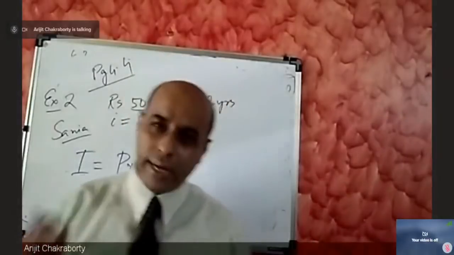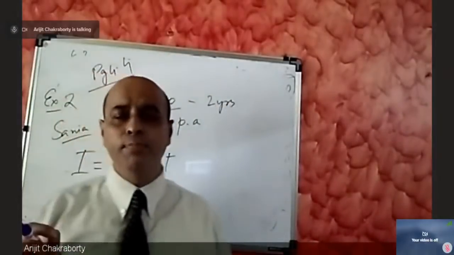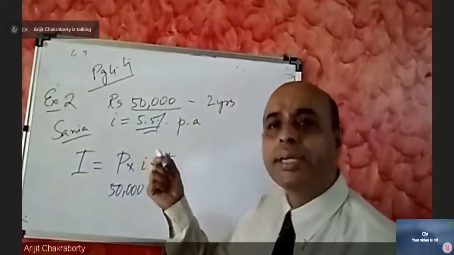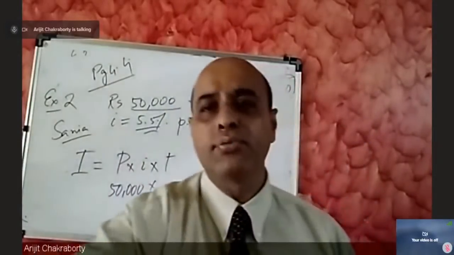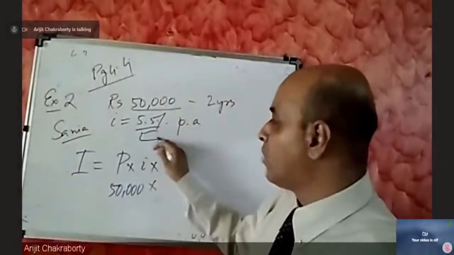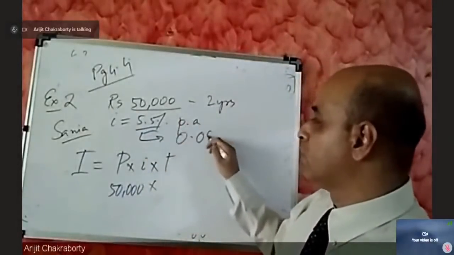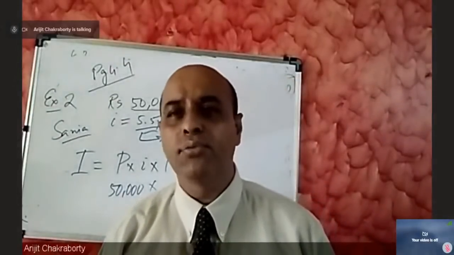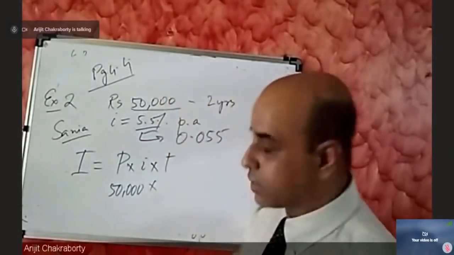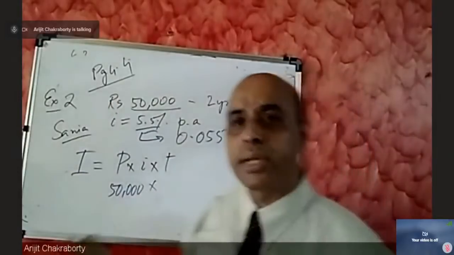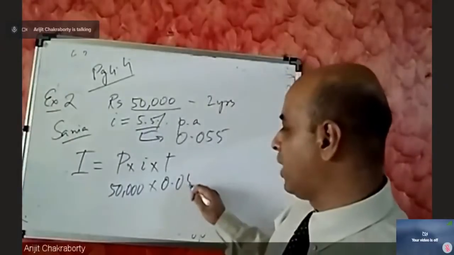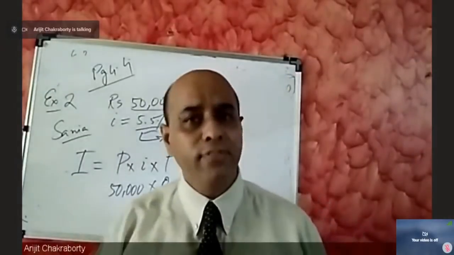If 5.5% is the interest rate, what will be the decimal equivalent? 5.5% will be equal to 0.055. So we write 50,000 into 0.055, because it is 5.5%.